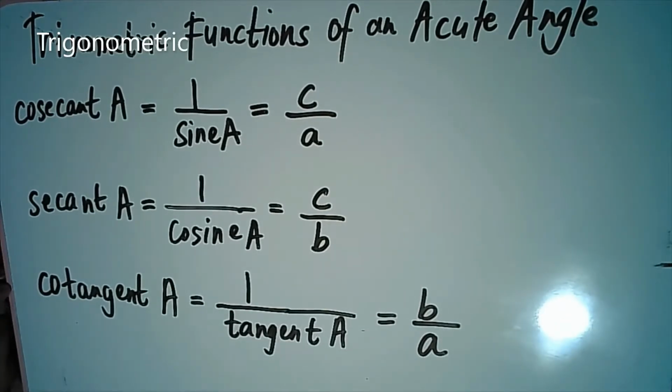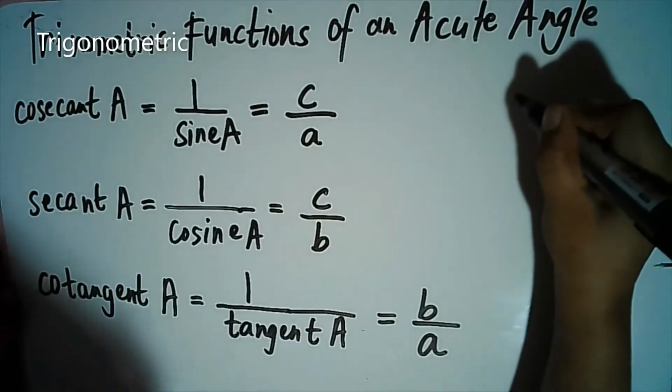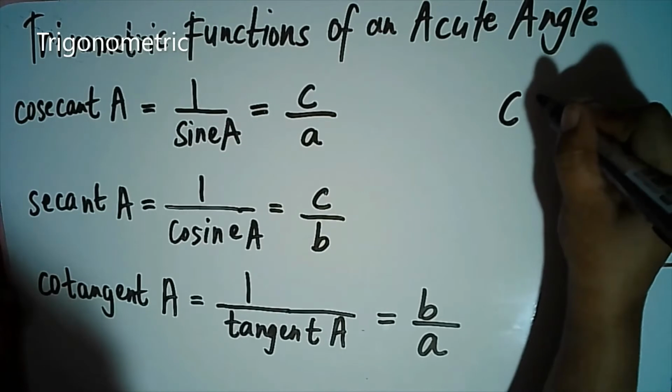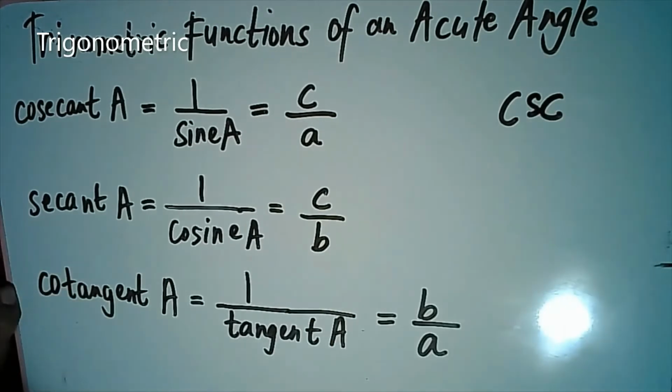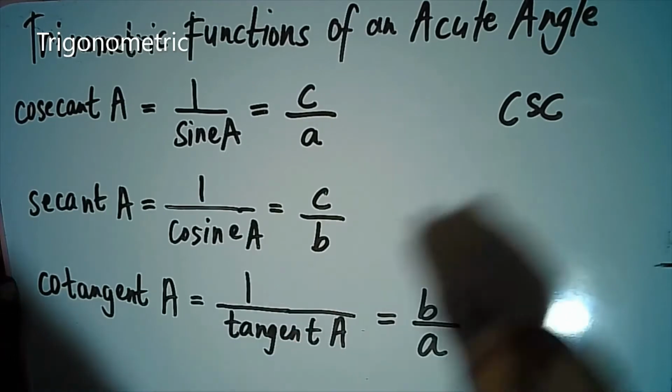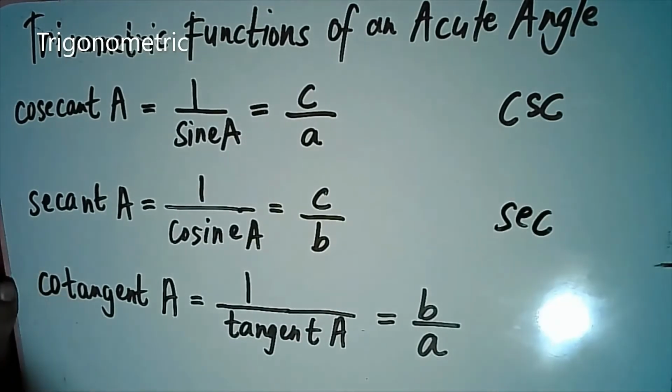Cosecant, secant, and cotangent can be written as csc, sec, and cot.